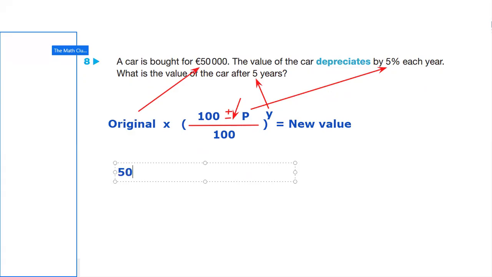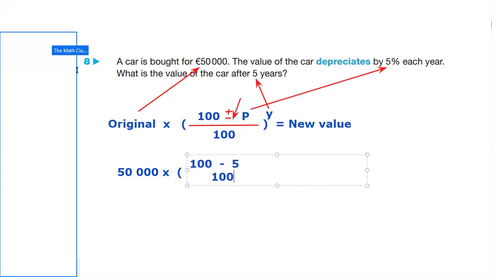So we say 50,000 times, let's do the bracket inside. So we have 100. As we said, because it's depreciate, it means minus. The percent is 5. Okay. Like this. And then over 100 like this.